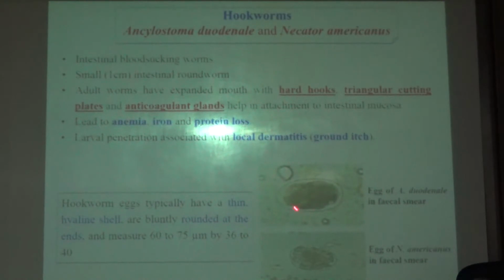Now this is the picture of eggs of Ankylostoma duodenale and Necator americanus. As you can see, these are simple. Actually, there are 4 parts or circular structures inside this. It is not visualized actually in this, and this is not a line diagram.